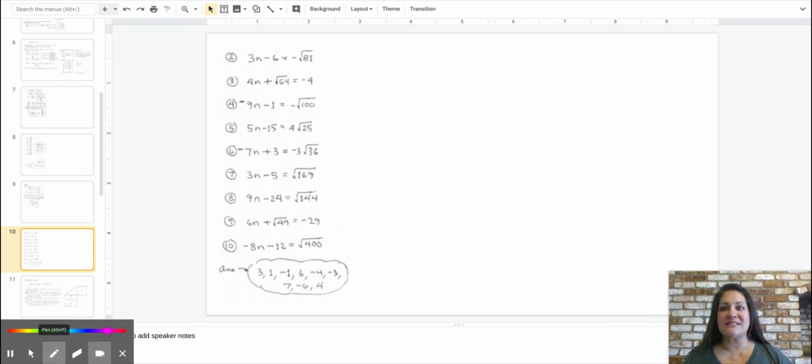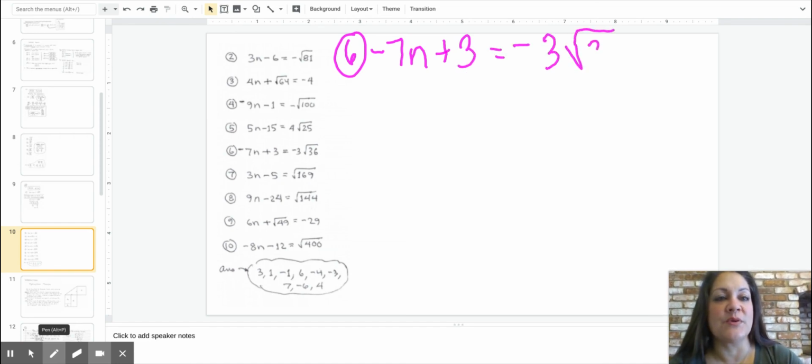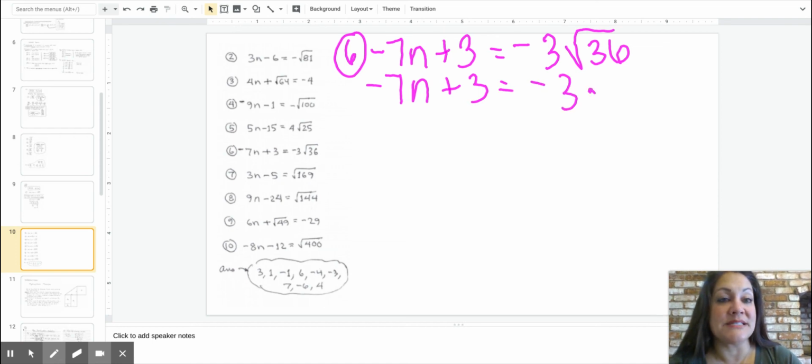Okay, number 6. Let's see, 6 is negative 7n plus 3 equals negative 3 times square root of 36. Negative 7n plus 3 equals negative 3 times 6, because square root of 36 is a perfect square.